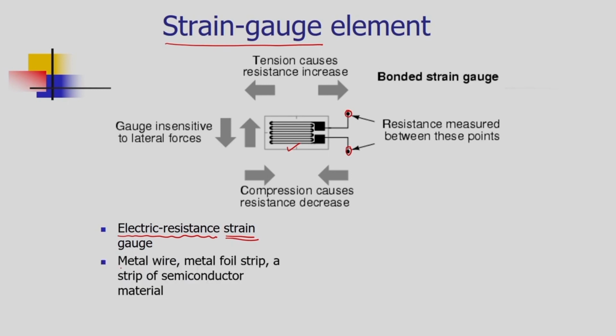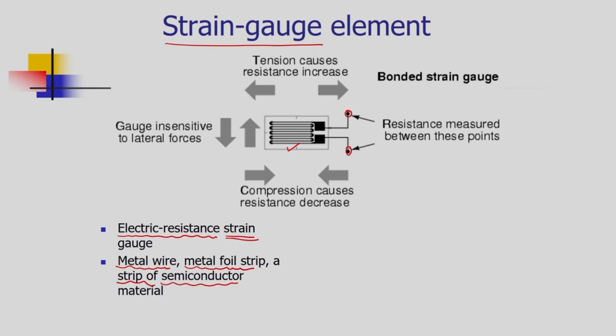Strain gauge sensors are available either in metal wire form or metal foil strip form. The strain gauges are also made up of semiconductor material. The advantage of semiconductor material is that it has a high gauge factor.